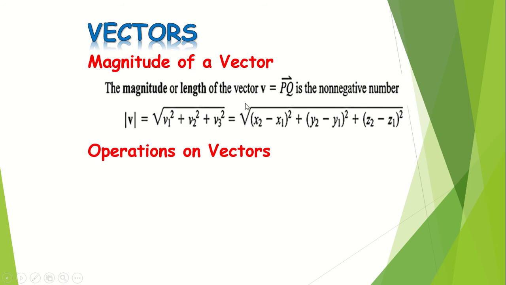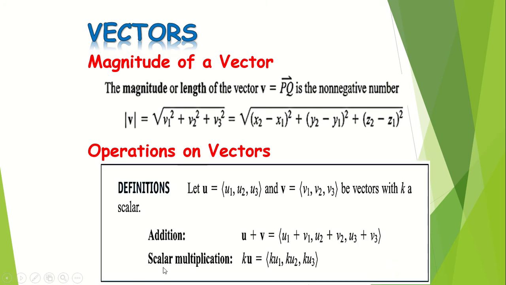And this is equivalent to the square root of the square of the difference of the x coordinates, plus the square of the difference of the y coordinates, plus the square of the difference of the z coordinates.